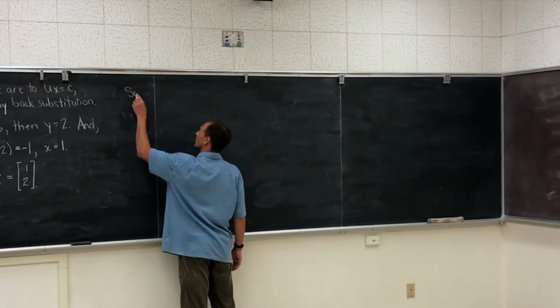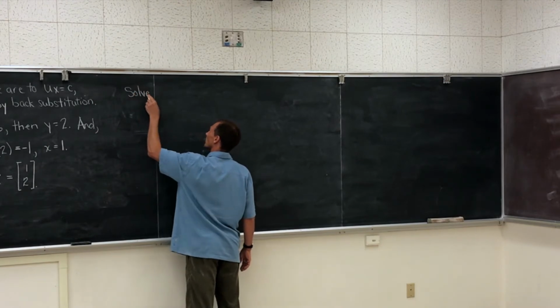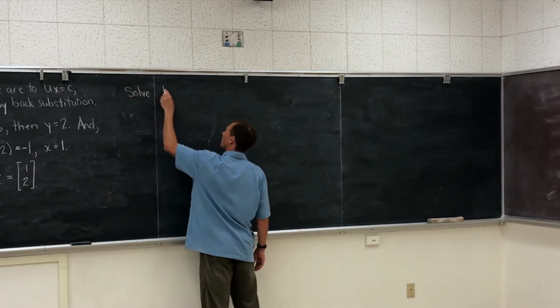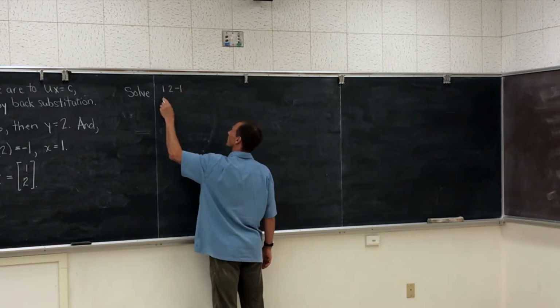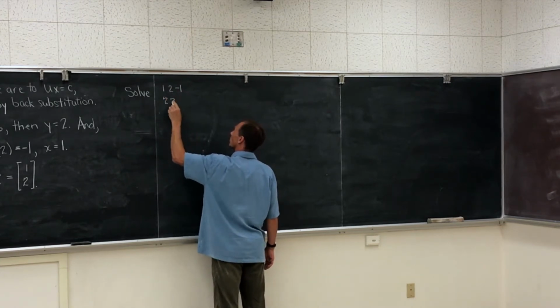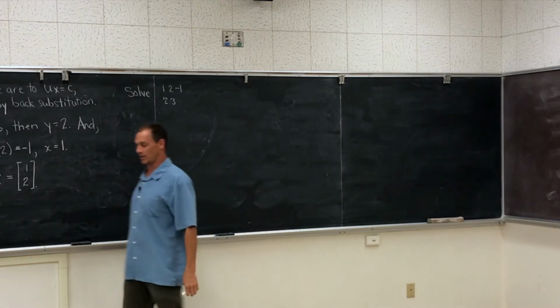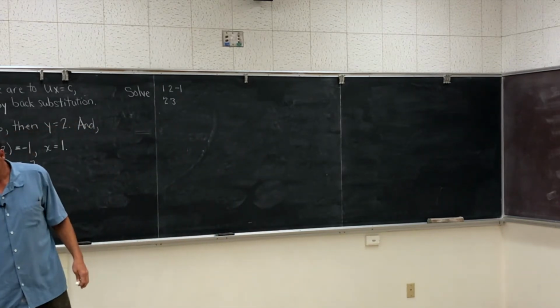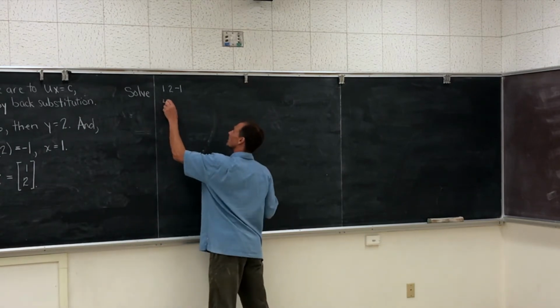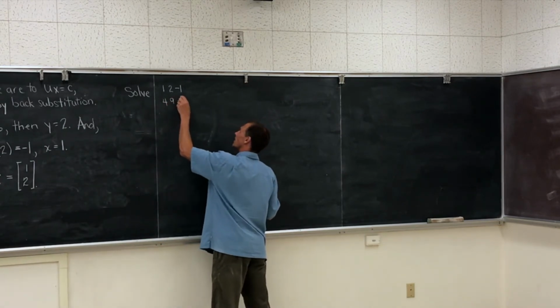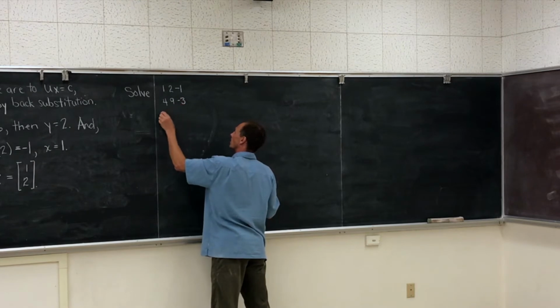Solve 1, 2, minus 1, 2, 3. Oh, I think I already messed up. I did 4, 9, minus 3, minus 2, minus 3.